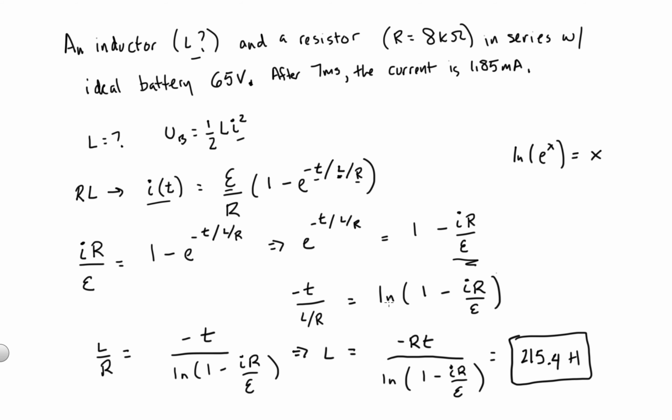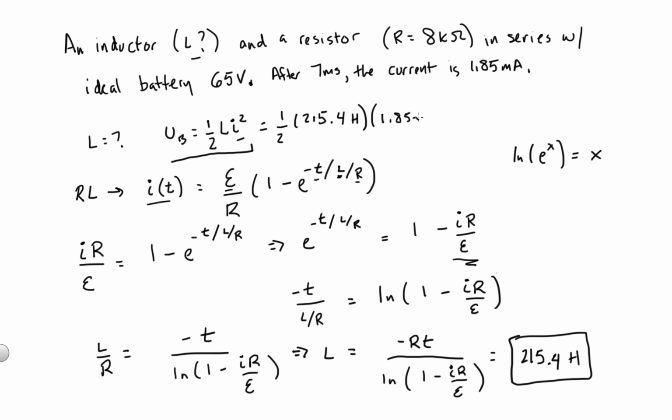Okay, so the second part of our problem is calculating the energy. And for that, actually, we can just do it up here. It's going to be 1/2 times the inductance that we just calculated, 215.4 henries, times our current squared, which is 1.85 milliamps.